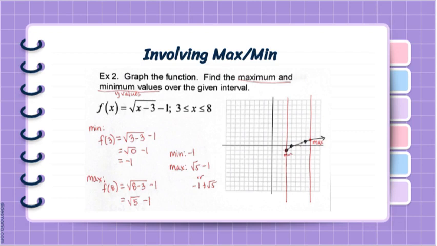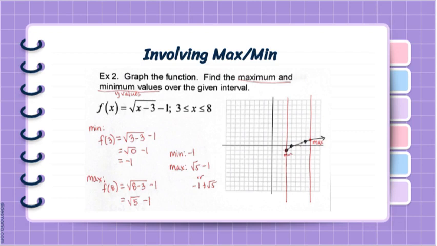To figure out the minimum, you would place the lower value, which is your smaller value. So for this one, it's f(3) equals the square root of 3 minus 3, minus 1. So first you would subtract 3 minus 3 equals 0. The square root of 0 is 0, so you will just be left with negative 1, which will be your minimum.